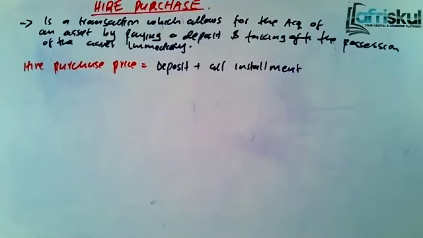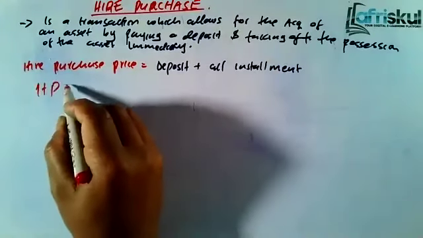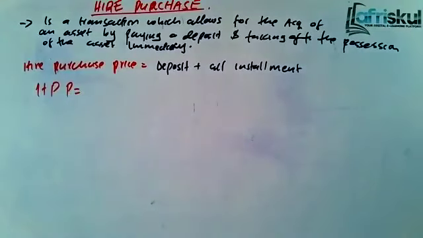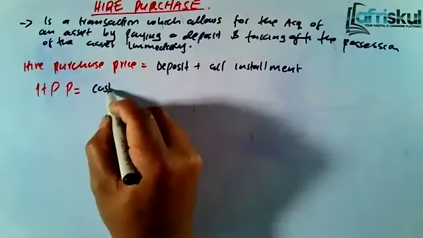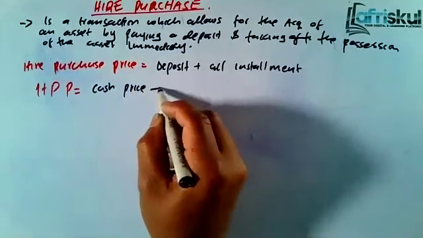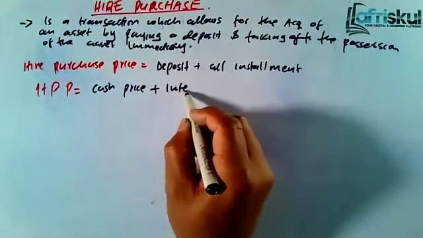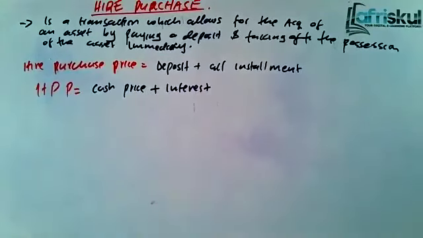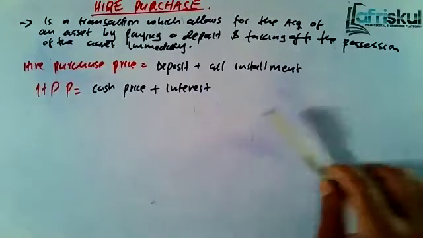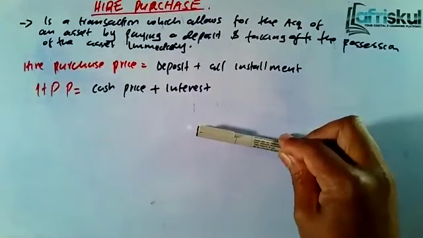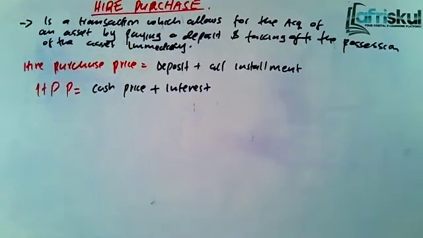Another method you can use to get the hire purchase price is to take the cash price and then add the interest. The deposit plus all the installments, or the cash price plus the interest. That's how you get the hire purchase price.